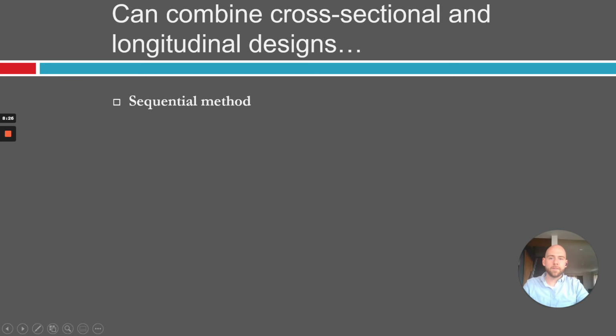Finally, another way that developmental researchers look at this stuff is actually to combine these things to help offset some of these problems that one or the other method might have. And we call this a sequential method. What a sequential method is, is taking cross-sectional measurements, but following those cross-sectional cohort groups across time.